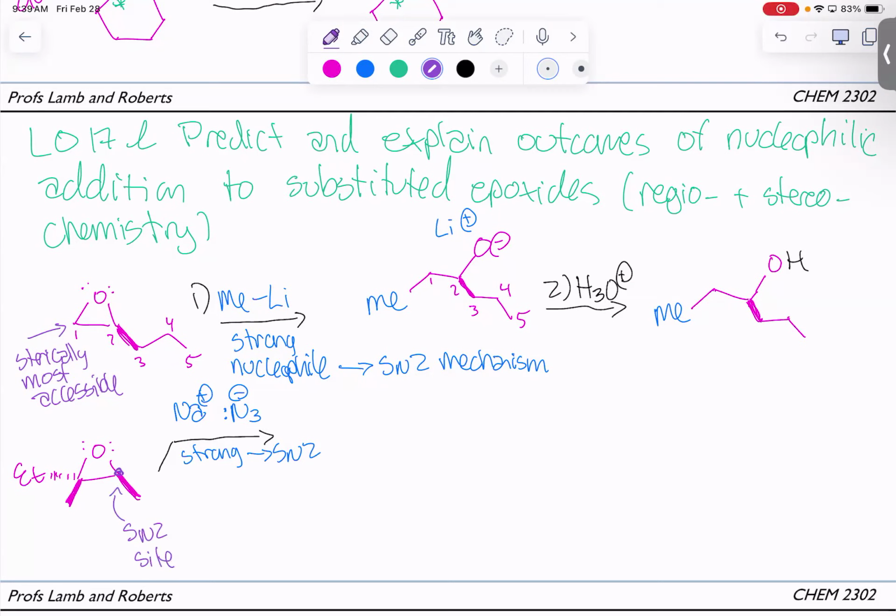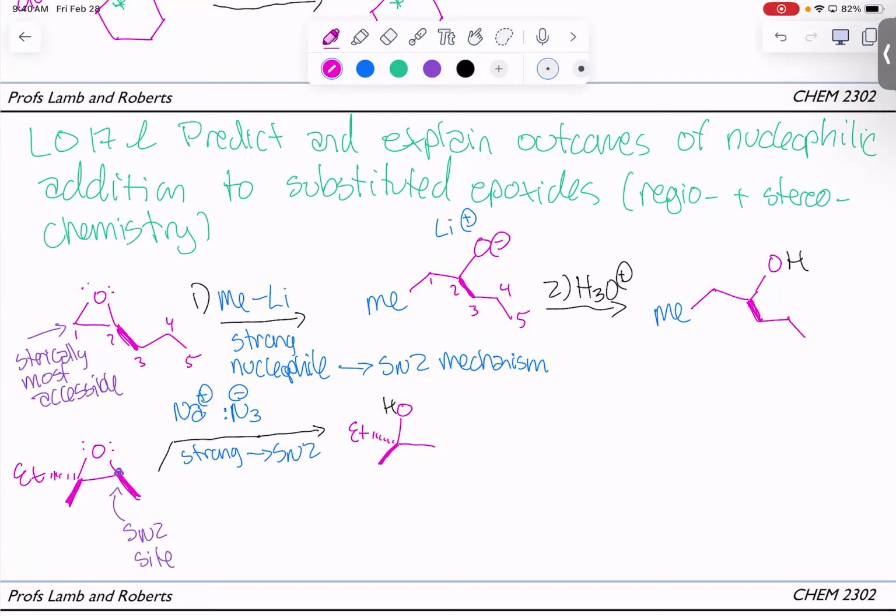Even though this is a tri-substituted epoxide, we have some special rules for those. Because we have a strong nucleophile in this situation, we are not worrying about the buildup of positive charge. And so if we were to add sodium azide to this, what we would end up with is substitution at the less hindered position. And we would have inversion of the stereo center. I'm just going to draw it as if we've also protonated it. All right, so we would have stereo center inversion.